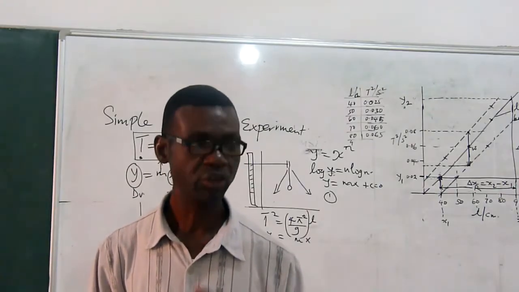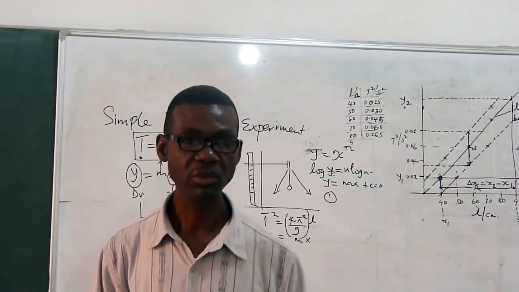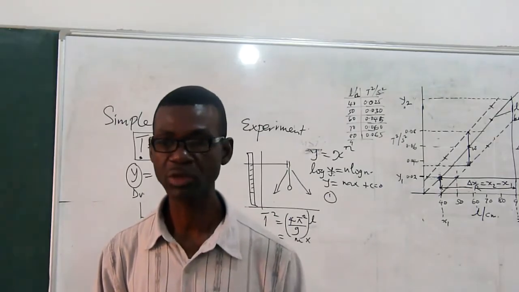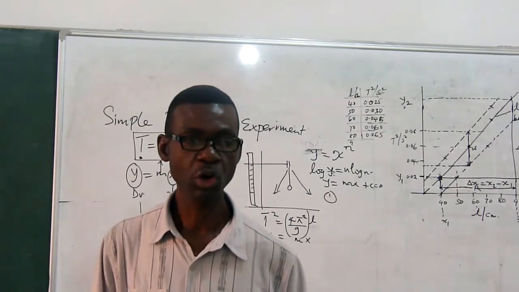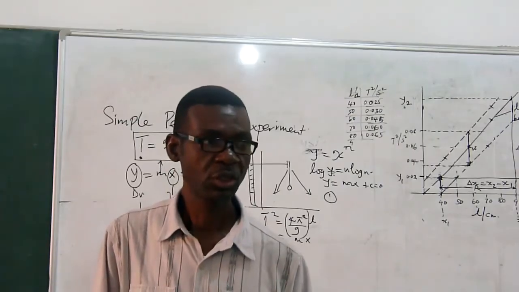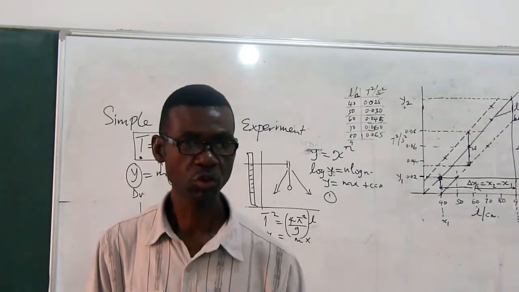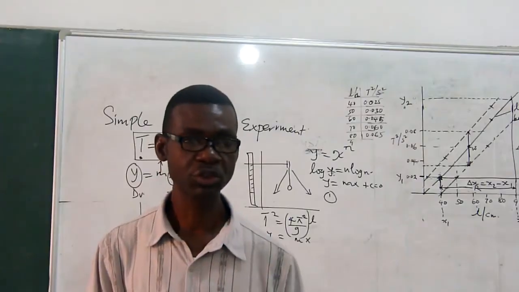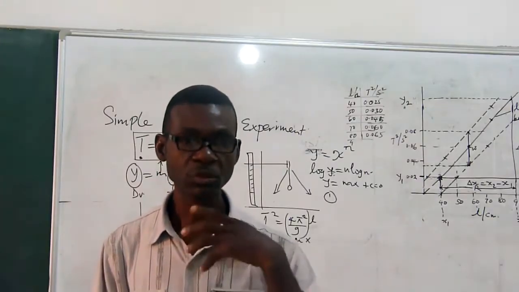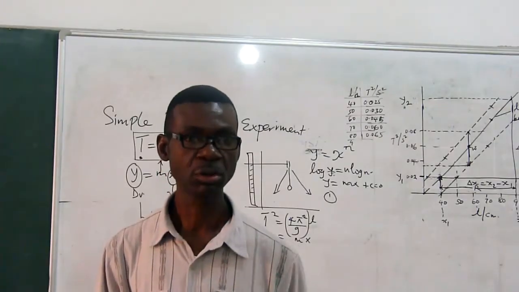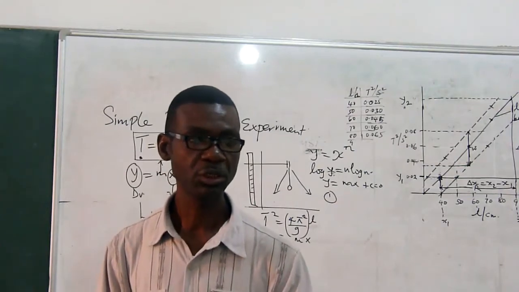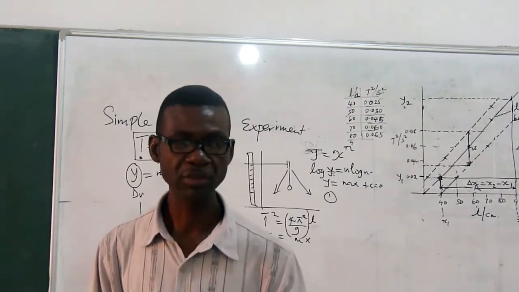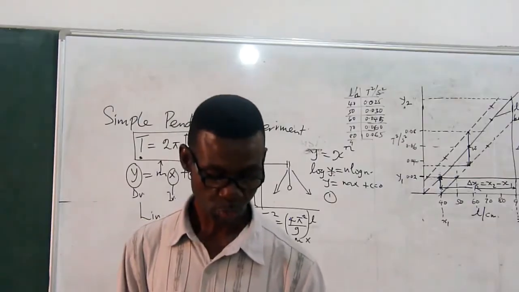That's number one. Number two, you must have a set of apparatus. These are the equipment, the components, the instruments you are going to use. So when you come to the laboratory, you will be given some set of apparatus based on the theoretical basis on which they want you to perform the experiment.